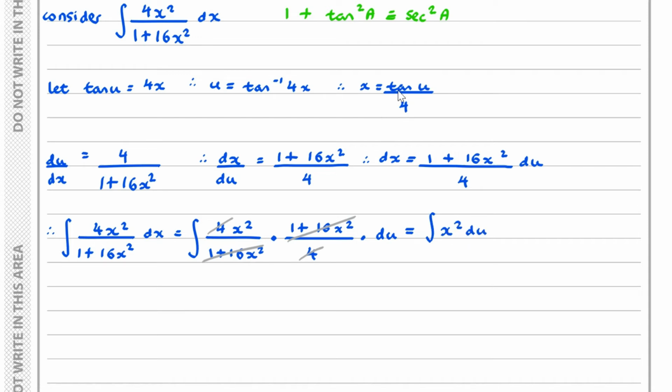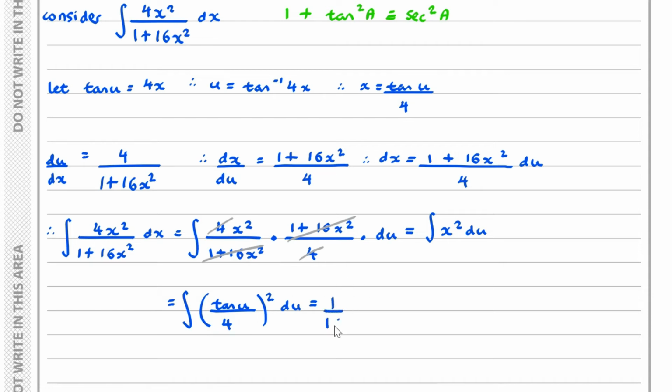And we already know what x is, that's tan of u over 4. So what we have over here then is the integral of tan of u over 4 all squared du. So this is equal to, well, if I take out the 1 over 4 all squared, that's 1 over 16.